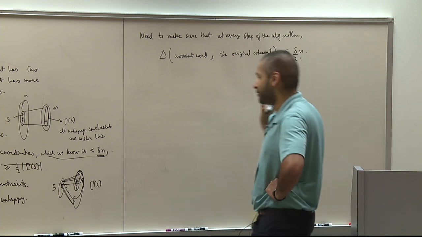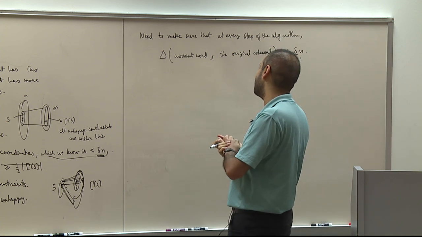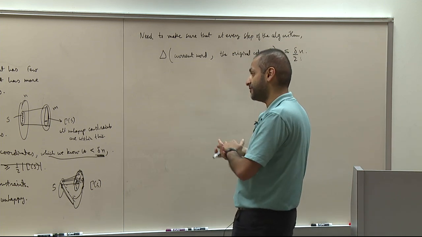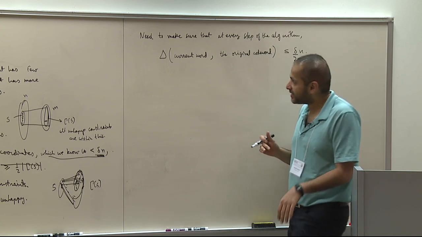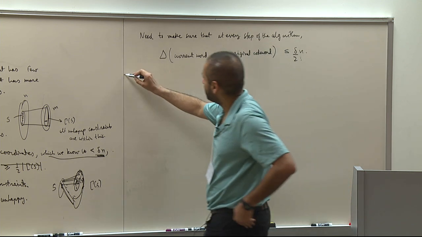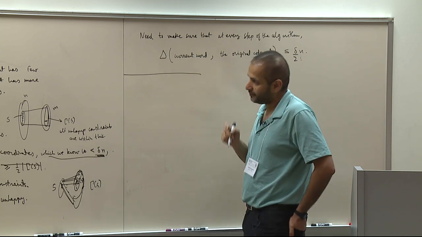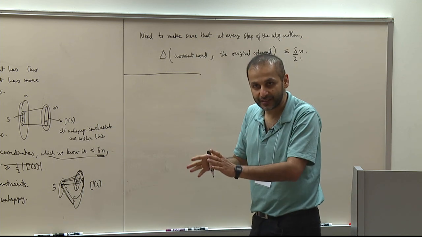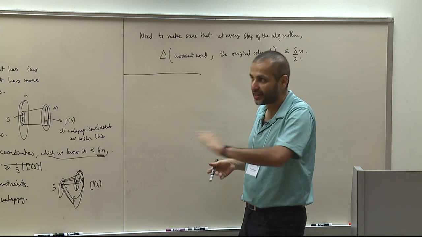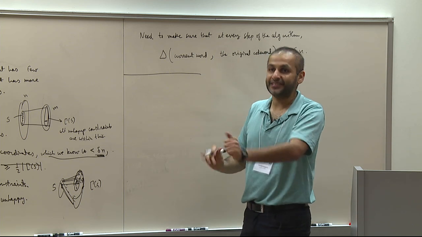Okay, so we want to make sure that at every stage we do not end up going too far. Now the reason for this is, if we ended up going too far, on the way we were moderately far.